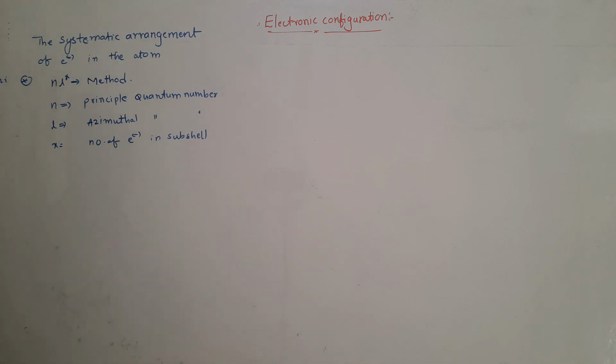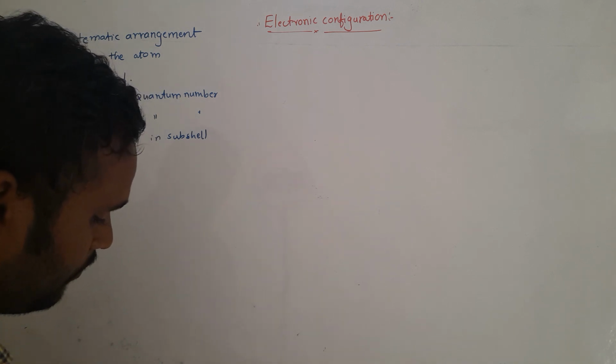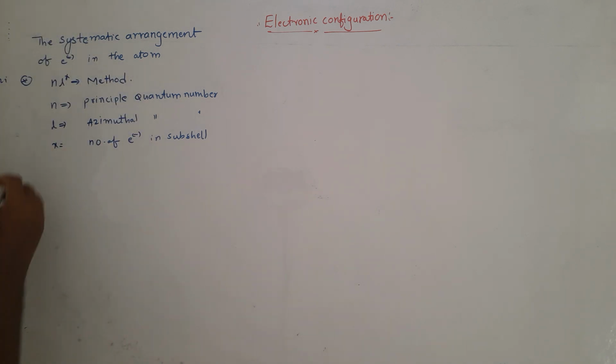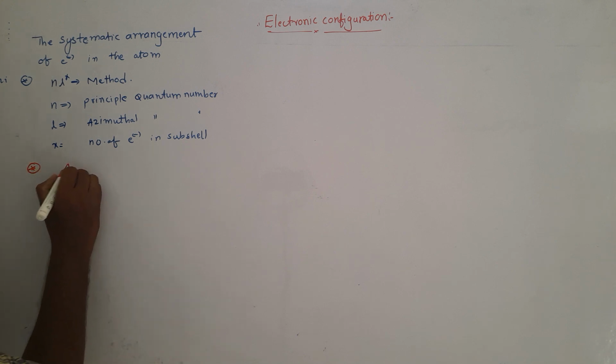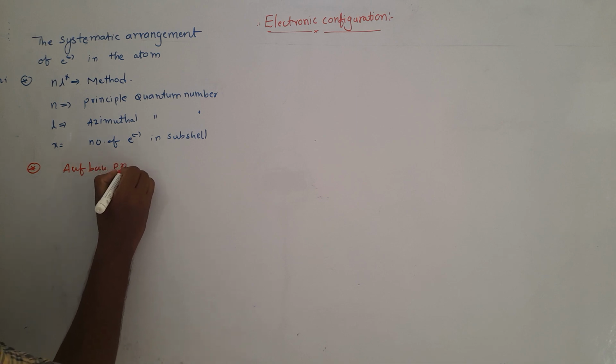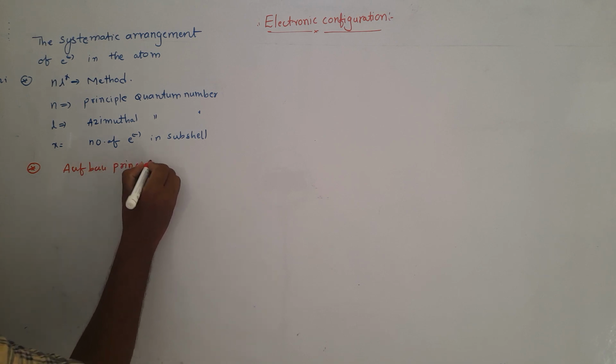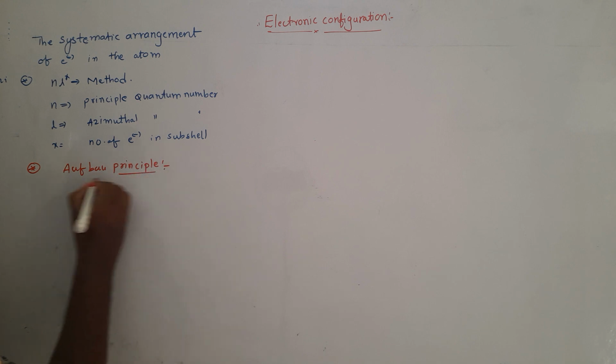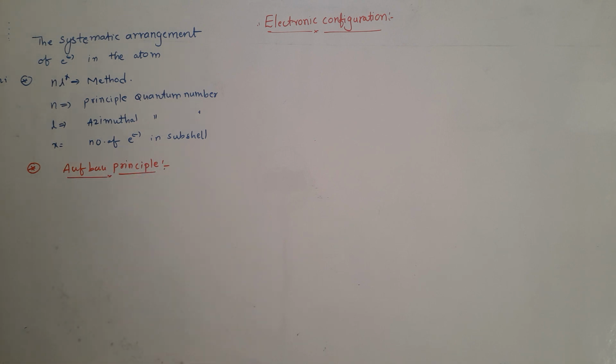So when you want to write this electronic configuration very systematically, we should follow some rules. So what are the rules? The first one is Aufbau principle. We should follow these three rules. So what is Aufbau principle?